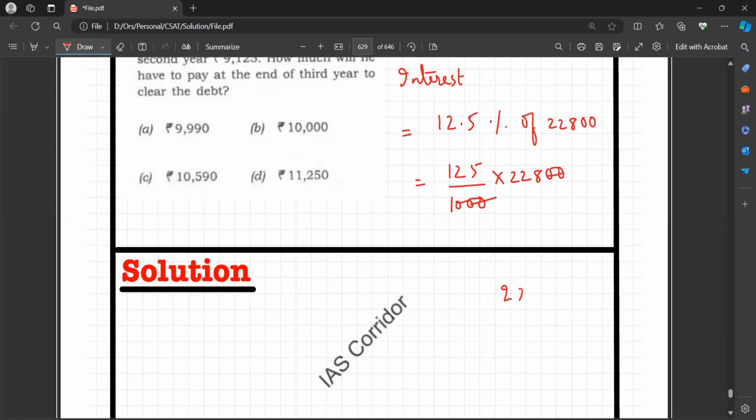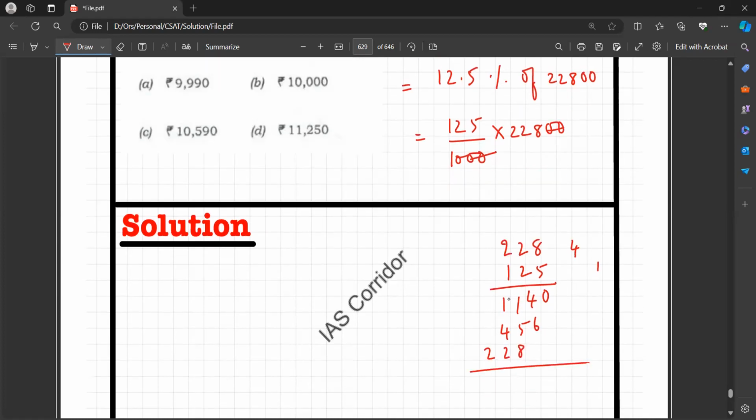228 into 125. ये multiply करना पड़ेगा. 8540. 0 taken 4. 5 2 is 10. 14. 4 taken 1. 5 2 is 10. 111. This will be 456. 1140. Again, this will be 456. This will be 228. So when you add them, it becomes 28500.